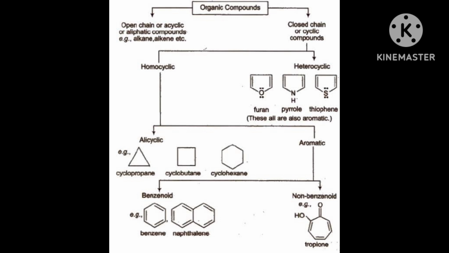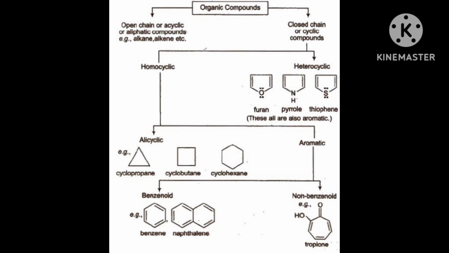All alkane, ANE means alkane, alkane means single bond. Now another example I am telling you, a ring, that is cyclohexene. ENE means 6 carbons are there, but between two carbons a double bond is there. In this ring, one double bond is there, between 2 carbons.